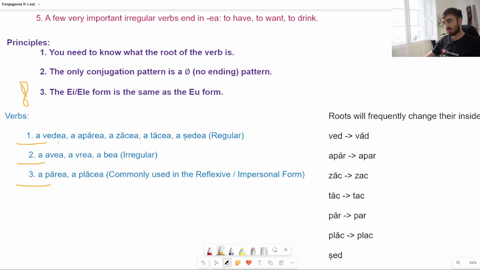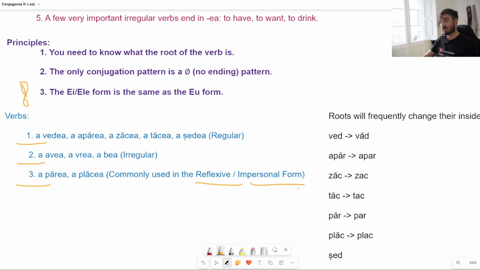So we're going to talk about each of them individually, and compared to conjugation A, here those irregularities and exceptions, specifically this 2 and 3, are not exactly as they used to be in verbs with conjugation A. So what I mean by that, even though you know this regular form of conjugating the verbs in EA, you really should learn the other 2 as well, because they are quite important verbs and you will commonly use them.